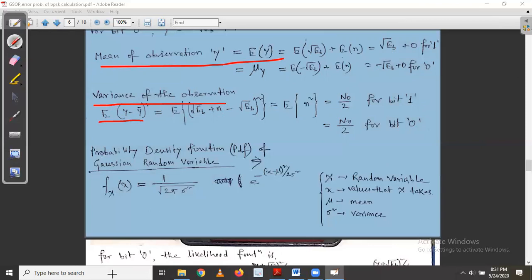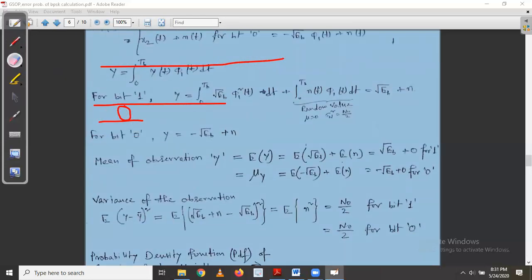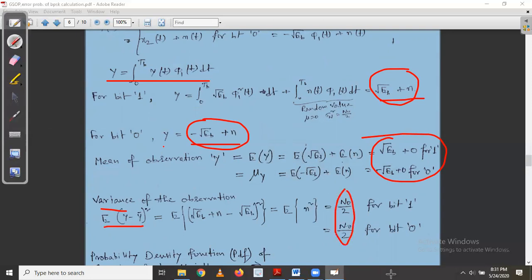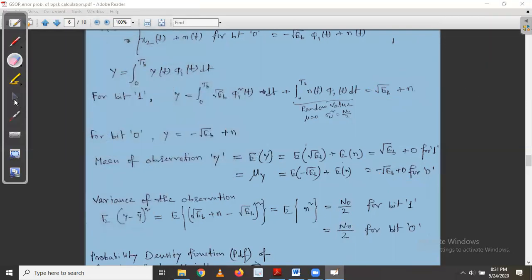Observation Y is whatever we are getting after the integration. This Y is this one for bit 1 and this one for bit 0. The mean of Y is the mean of these, and for the variance of Y, using this expression, we have N naught by 2 for both 1 and 0. So this is the conclusion of this part.